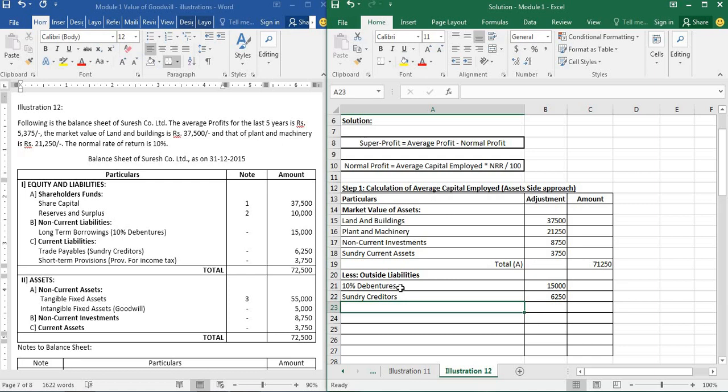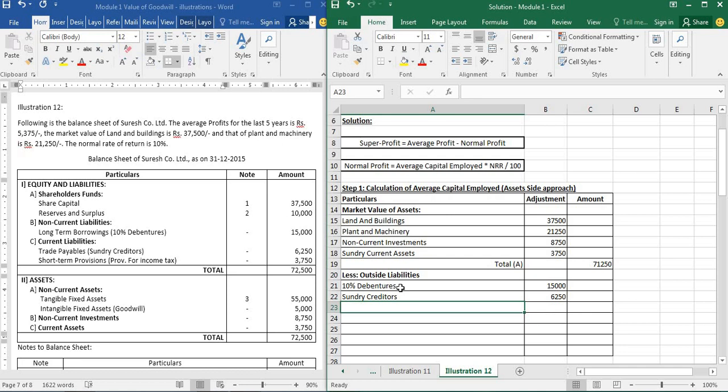In this case, land and building and plant and machinery had market values given, so you could do some kind of a marking. When you solve, you know that these are the assets or liabilities for which we have market values given, which will make your life simple. For any asset or liability where there is no marking, you will know that these should be taken at book values as no market value is given.